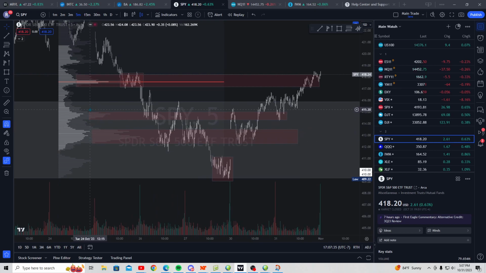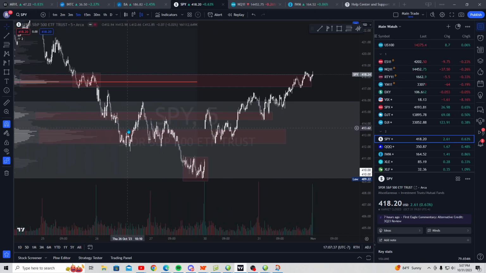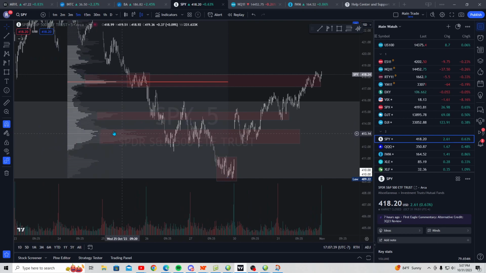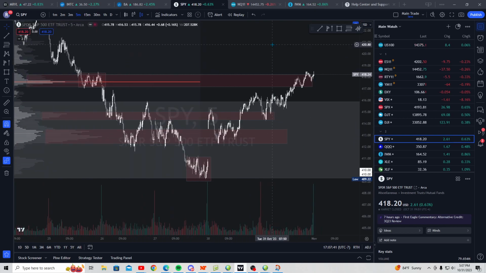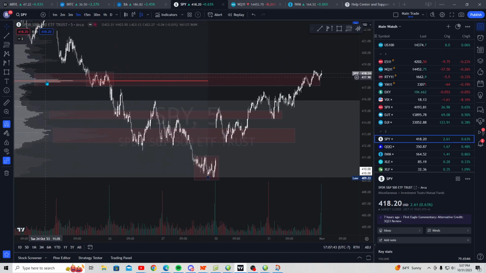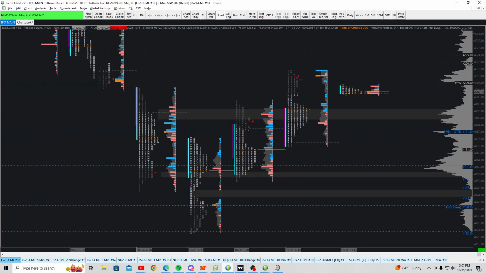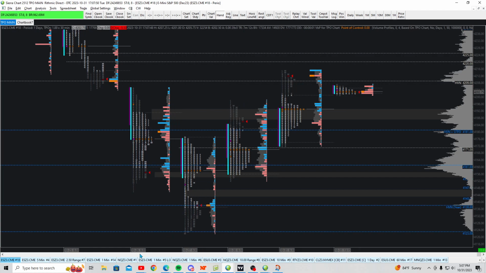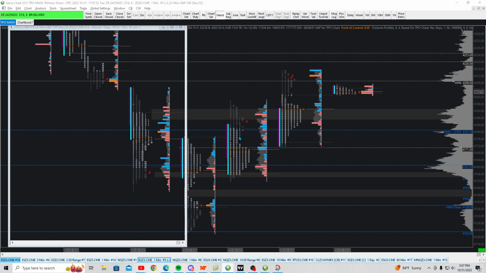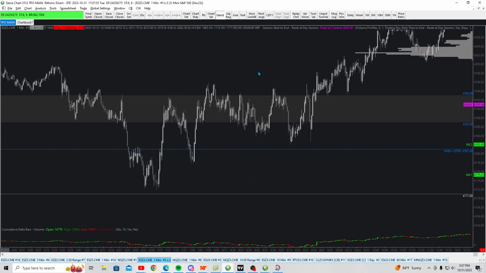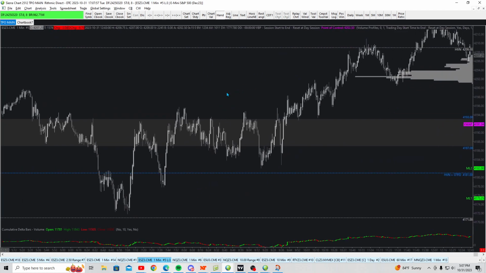Even using volume profile, it gives you a pretty decent idea of where the balances are. You know, volume profile is just volume created at price. TPO is just time spent at price. So they're typically going to overlap, but you know, and yeah, that's essentially how I traded today. You know, levels worked decently well.